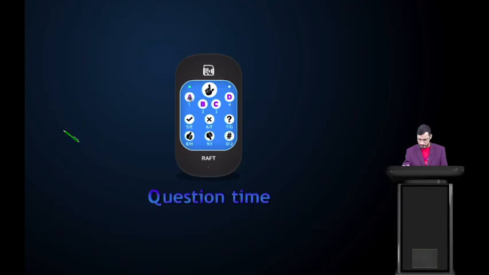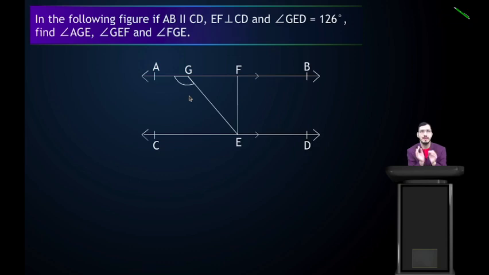Now let's move to another part. In the following figure, if AB parallel to CD and EF perpendicular to CD and angle GED equal to 126 degree, then find angle AGE, GEF and FGE. Okay, students, so can you do this? Let's try.